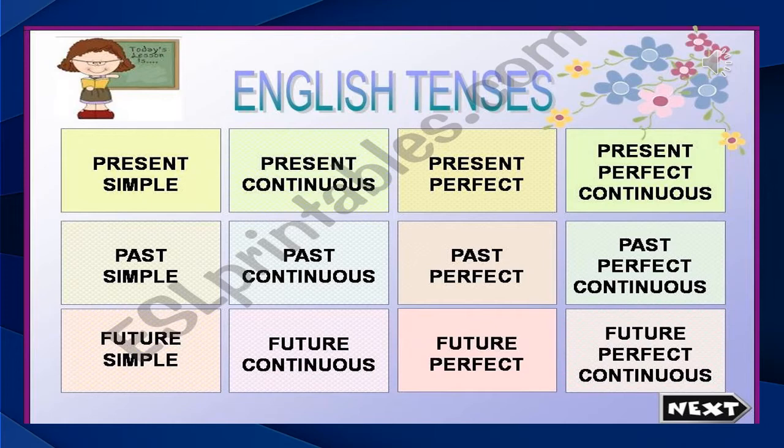Similarly, the four divisions of past tense are simple past tense, past continuous tense, past perfect tense, and past perfect continuous tense. And the four divisions of future tense are simple future tense, future continuous tense, future perfect tense, and future perfect continuous tense. So altogether we have 12 tenses in English.